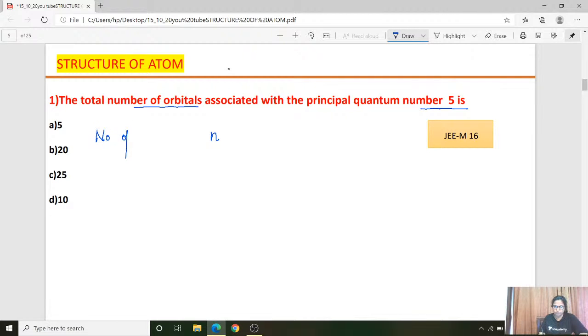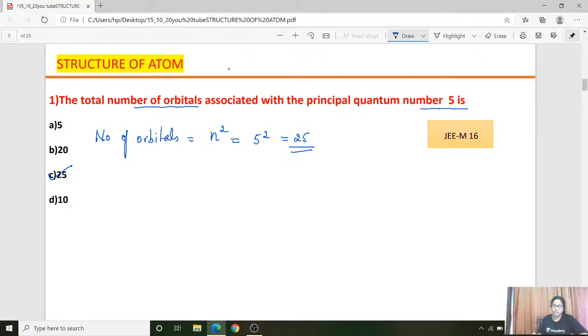If number of orbitals are asked, you needn't struggle, you can make use of the formula n square. So n square is equal to, what is the principal quantum number? 5. So 5 square, that is equal to 25. So how many orbitals are possible student? Answer is option C, that is 25.